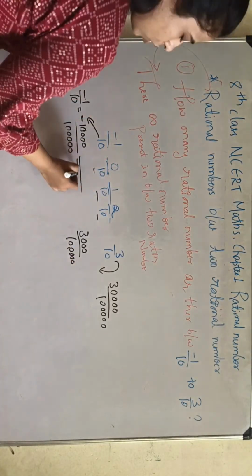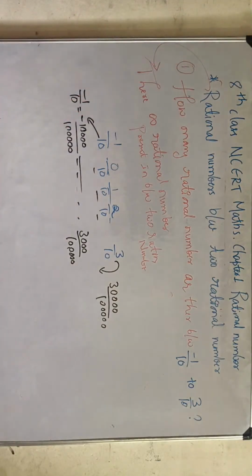Then how many rational numbers are there in between them? You got the point? You understood what point I want to convey to you? There are infinite rational numbers in between two rational numbers.